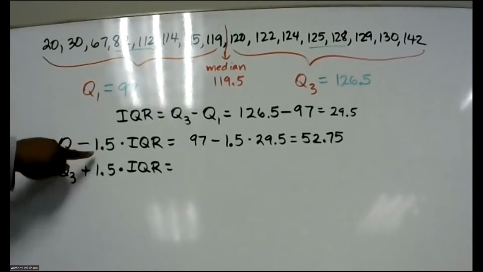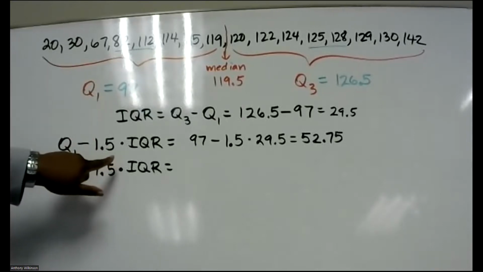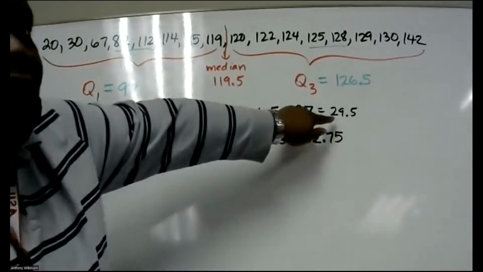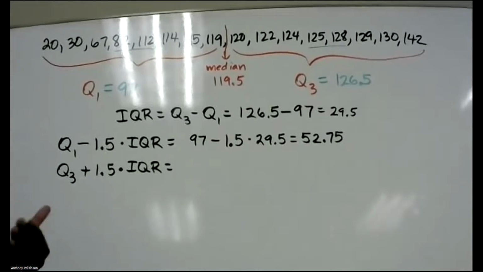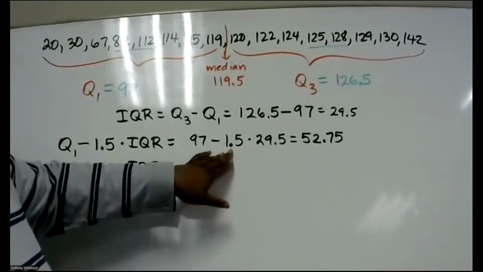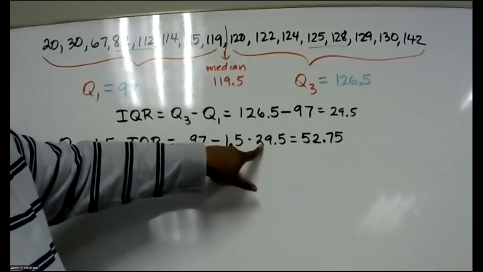The IQR, that's the interquartile range, 29.5. That's what I came up with, Q3 minus Q1. First, you multiply 1.5 times 29.5.